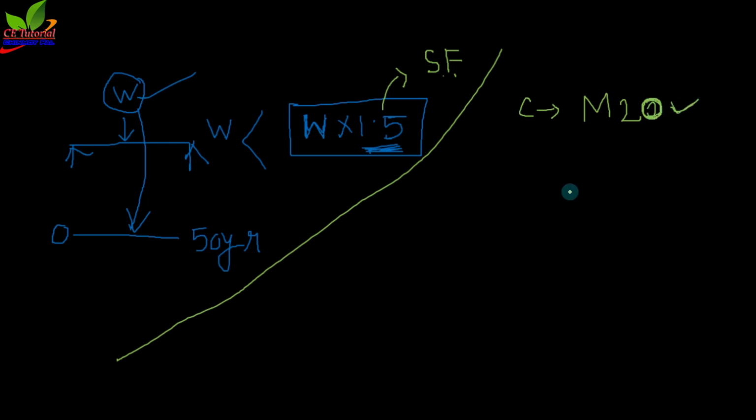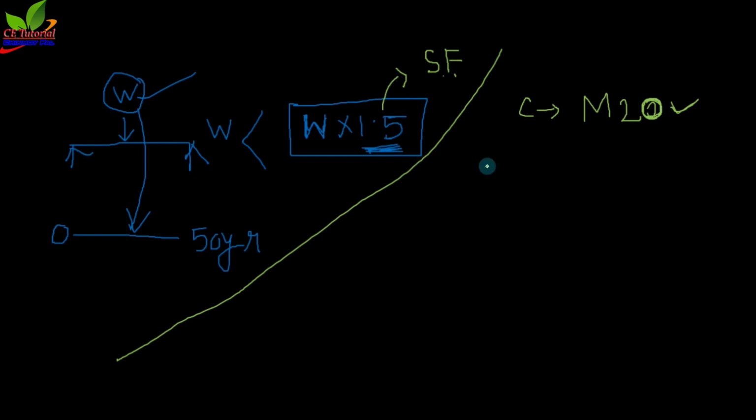What should I do? For the load, you have seen that we have to increase the load by multiplying 1.5, that means this constant is greater than 1. But for the material we have to apply the factor of safety which is less than 1. That means we have to divide.